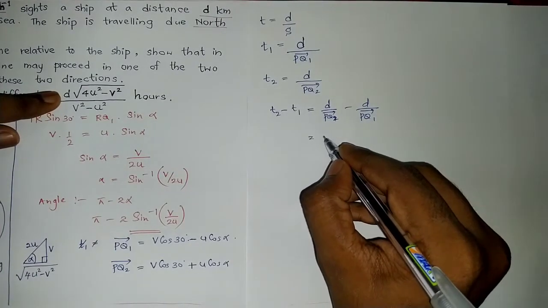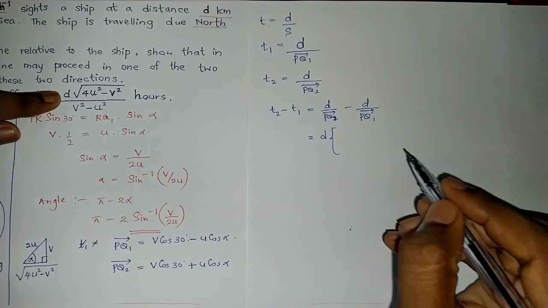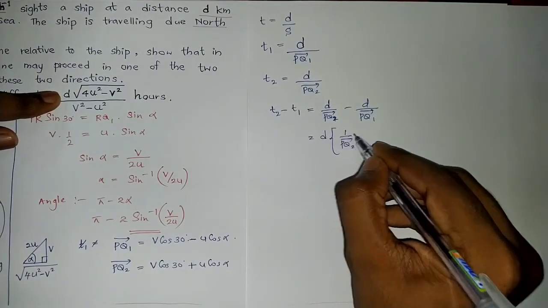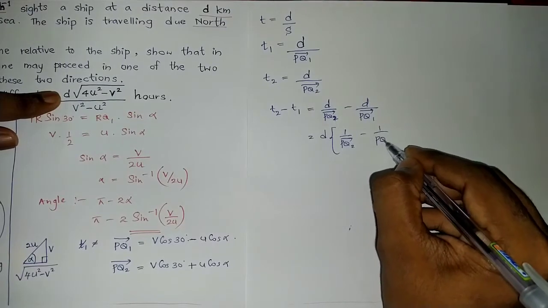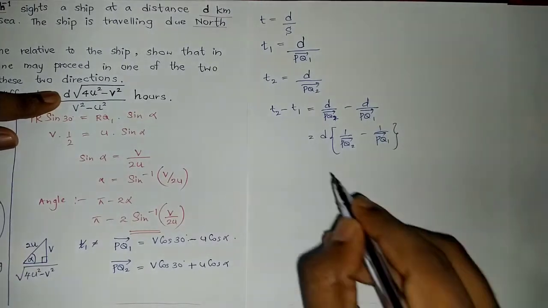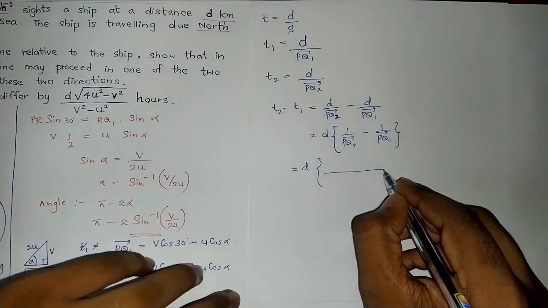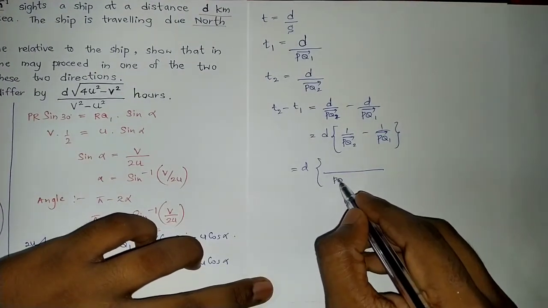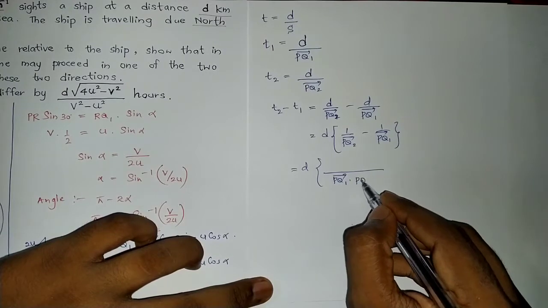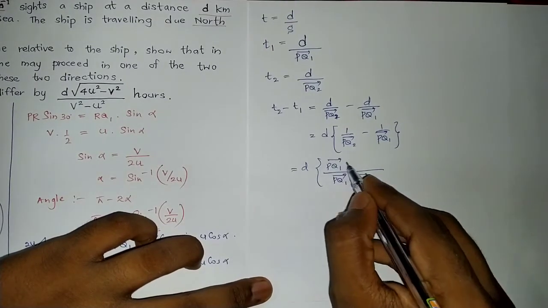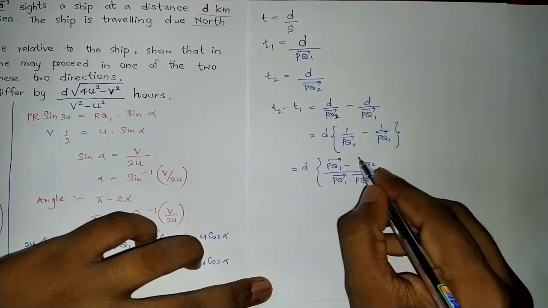So that is, when I take d out, it is 1 over PQ2 minus 1 over PQ1. Now I can take the common denominator, PQ1 into PQ2. This is PQ1 minus PQ2.